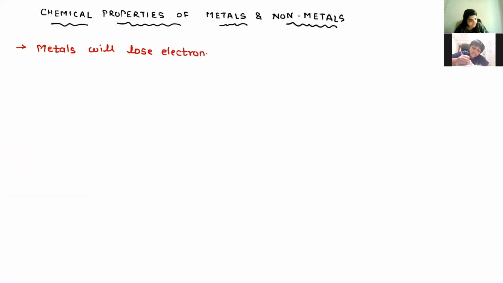If metal will lose electrons, what kind of ion will it form? Metal will lose electrons and form positive ions. They are charged particles. They are called cations.